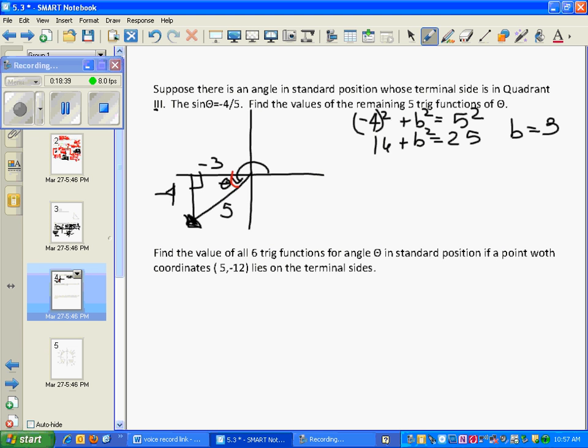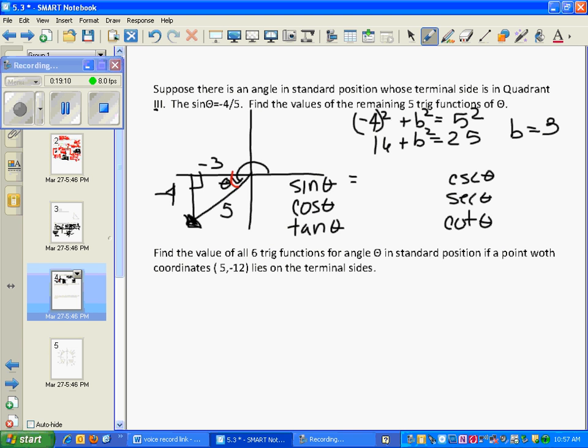Okay, so then we're going to do the sine of theta, the cosine of theta, the tangent of theta, the cosecant of theta, the secant, and the cotangent. And so the sine is going to be, well, let's think. In our head, we should know which ones are going to be positive. The only ones that should be positive are the tangent and the cotangent, and everything else should be negative.